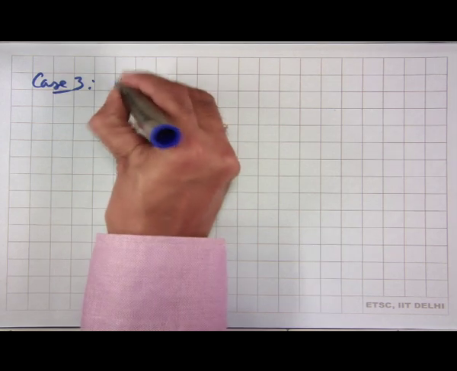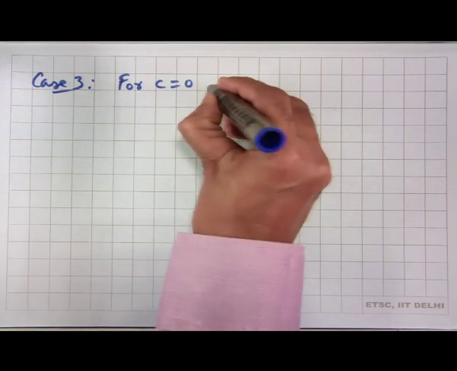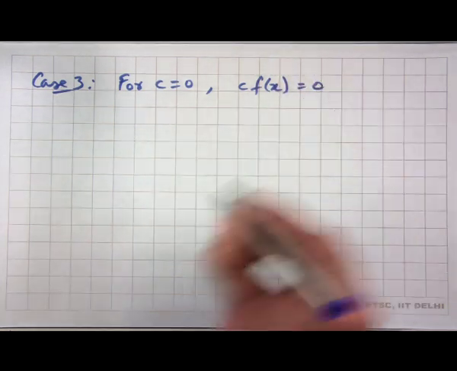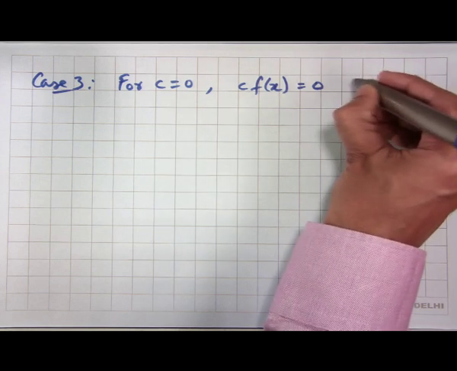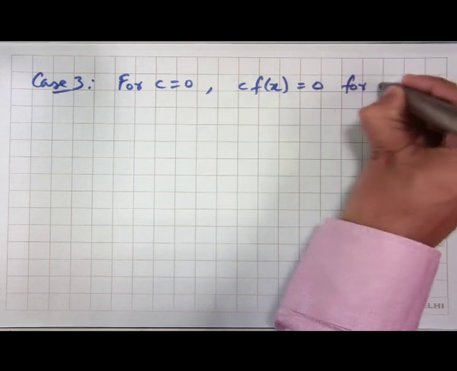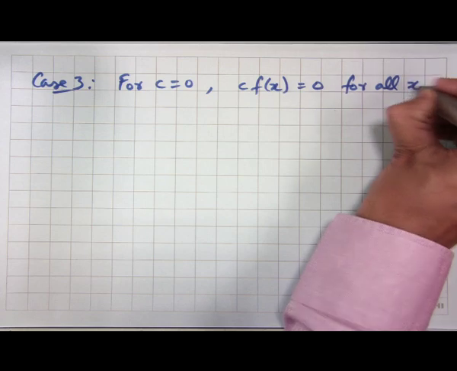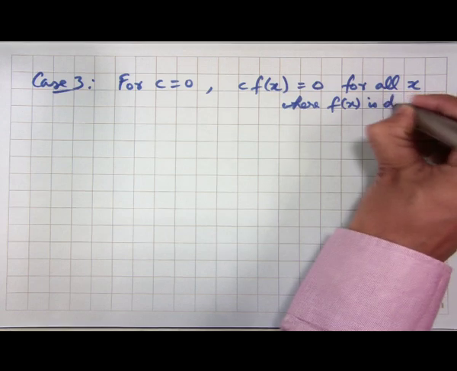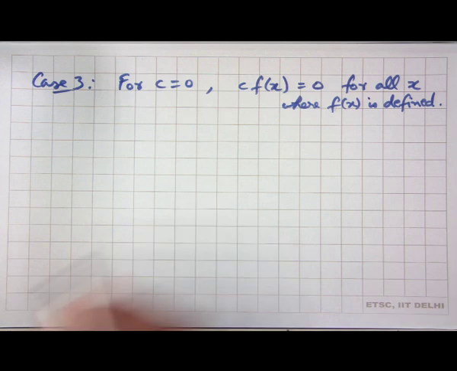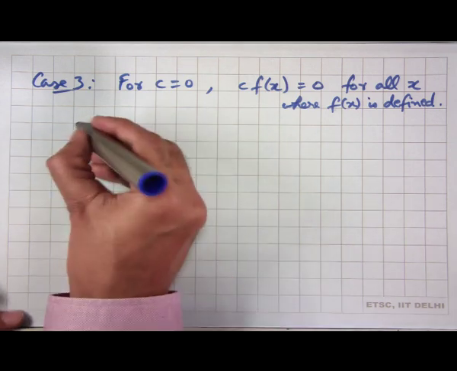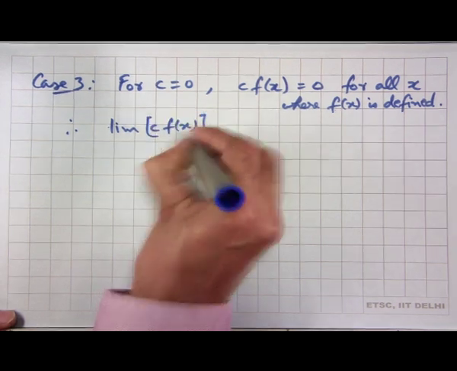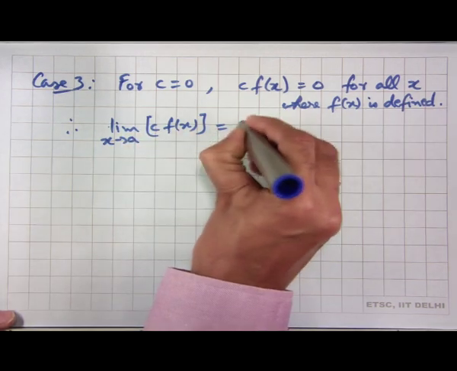And the last case, of course, for c equal to 0, c times f x is equal to 0 for all x where f x is defined and so the limit of c times f of x has to be 0.